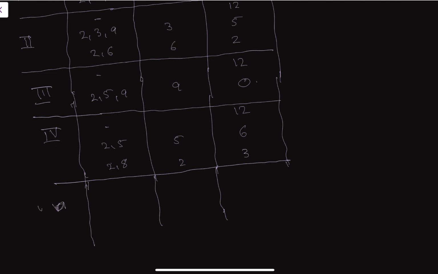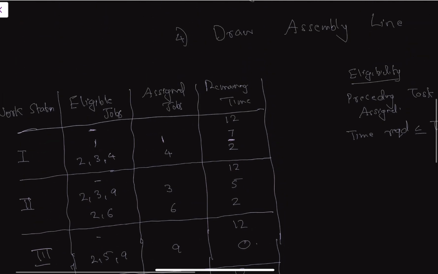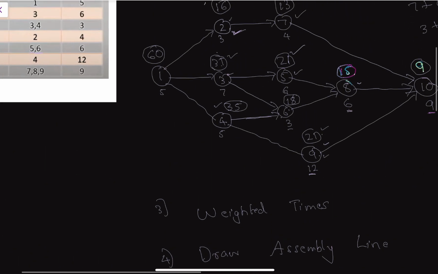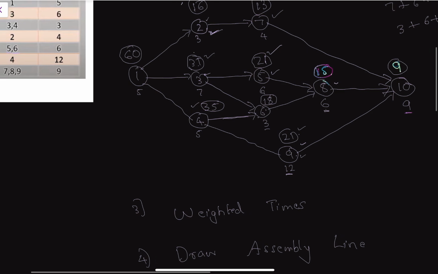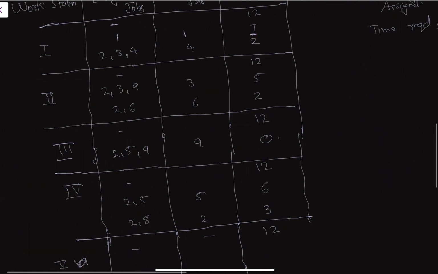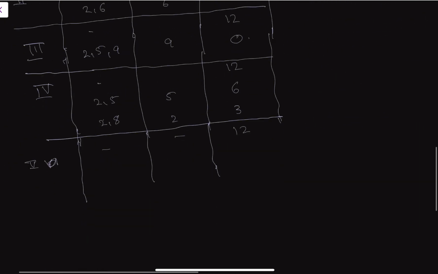So you will move to workstation 5. Here the cycle time starting is 12, and the eligible jobs are 7 and 8.